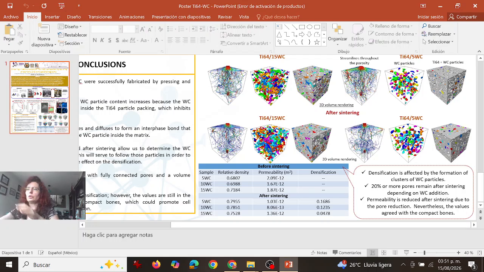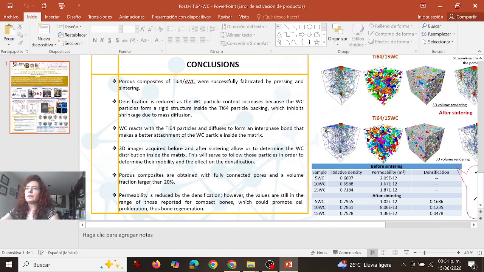Okay? We are talking about compact bones because we are interested in this type of materials for biomedical applications. This is our interest in this type of materials. Okay, so let me finish with the conclusions.